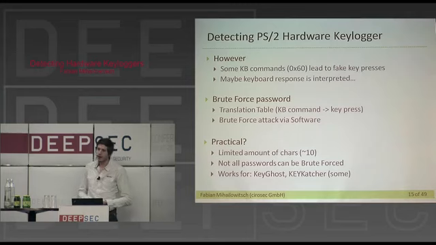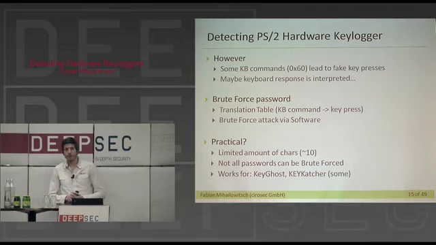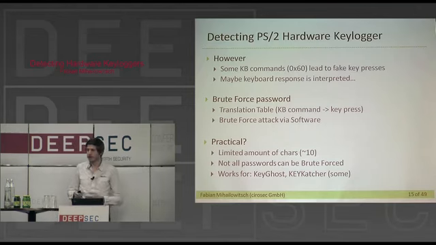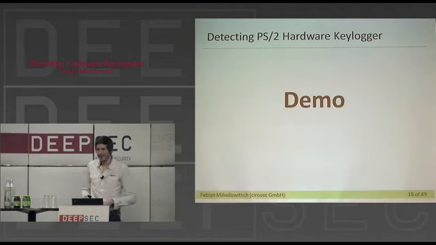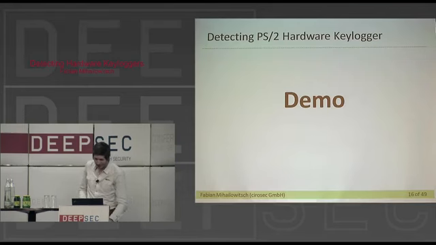So you can create a translation table of which keyboard command leads to which key press, and then you can try to perform a brute force attack via software, and it does work. The problem with the practical use is that you only have a limited amount of characters, just like 10, so you can't brute force all passwords, and it just works for some models. However, since it does look quite nice at least, I want to show you a short demo.